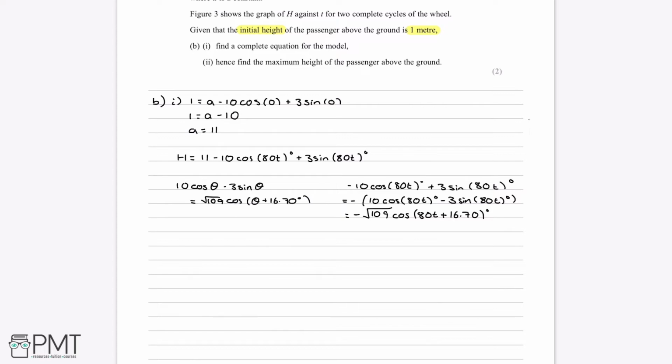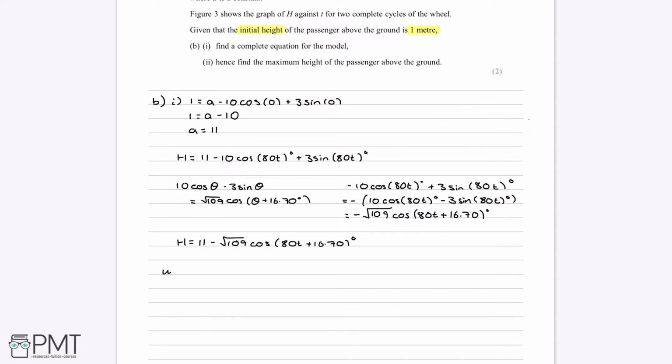And we can write that as exactly the same because of what we found in part A. So therefore, we could have stopped here, but we can also write the equation as h equals, and then the 11, which just comes through. We never did anything to the 11. So 11 take away root 109 cos, and then 80t plus 16.70 degrees. So that's another way that we can write the equation of the model.